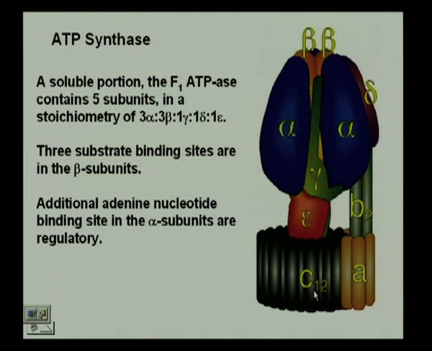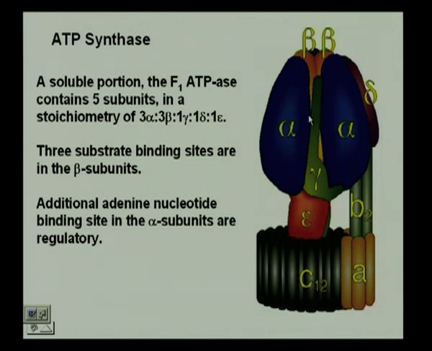Hydrophobic residues that would interact with the long fatty acid chains. There is a gamma shaft here that holds these subunits together. So, actually it looks like a stalk. So, you have a stalk where you have 6 subunits, 3 of the alpha type, 3 of the beta type, that are with this stalk.